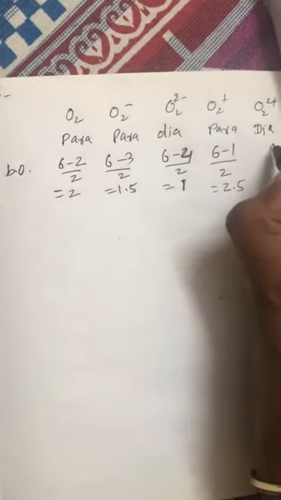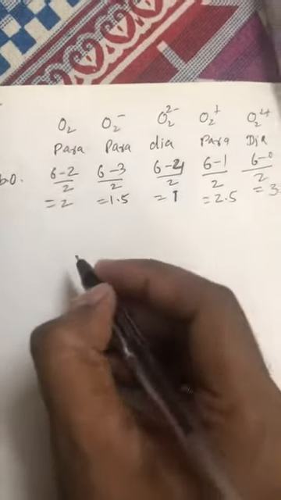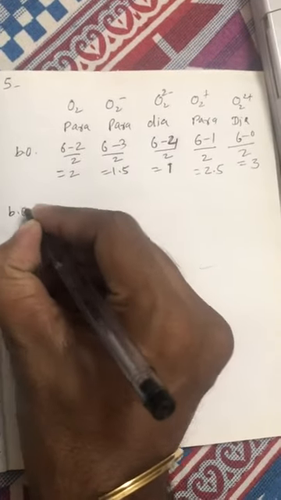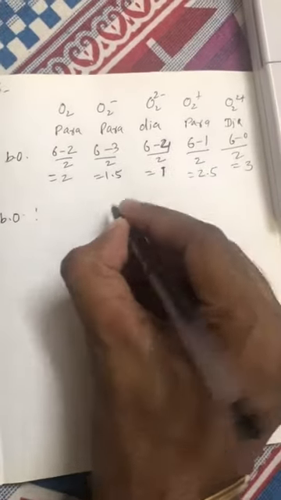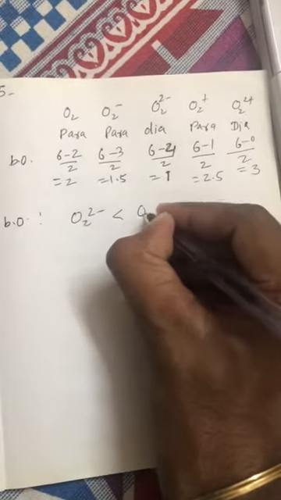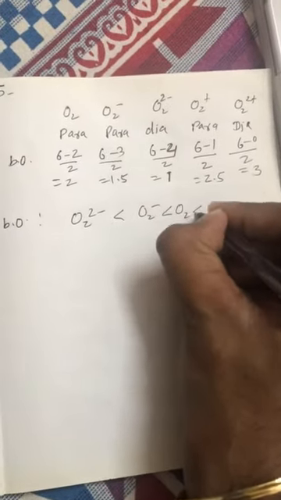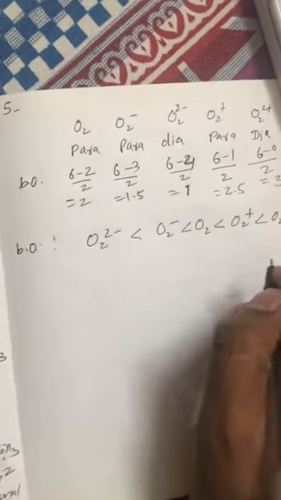Bond order of O2 2 positive will be 3. So bond order will follow this order: O2 2 negative, then O2 negative, then O2, then O2 positive, then O2 2 positive. Now order of bond length will be opposite of this.